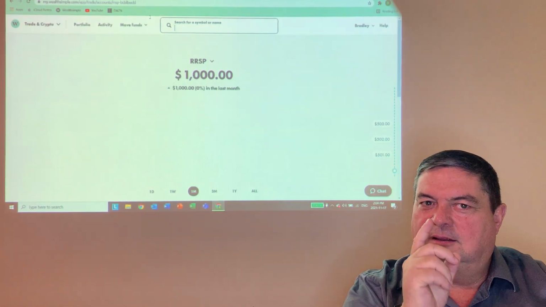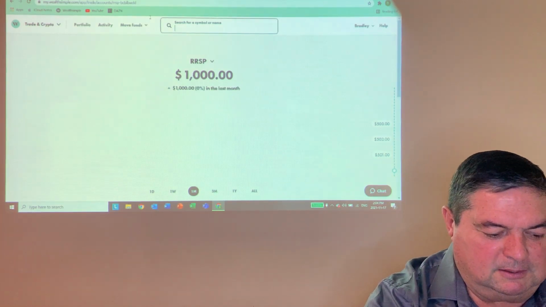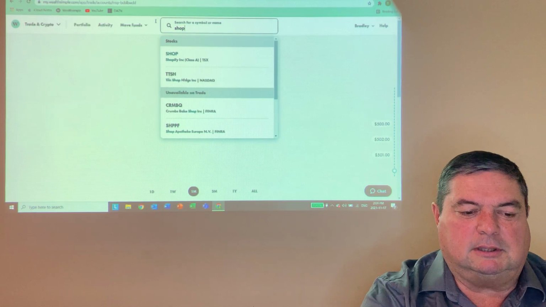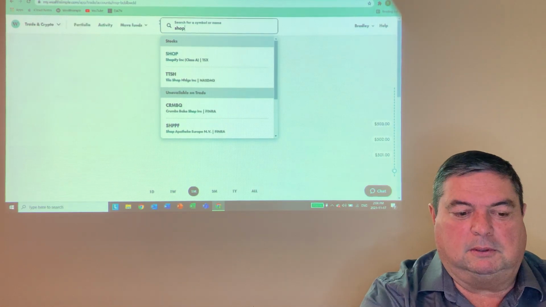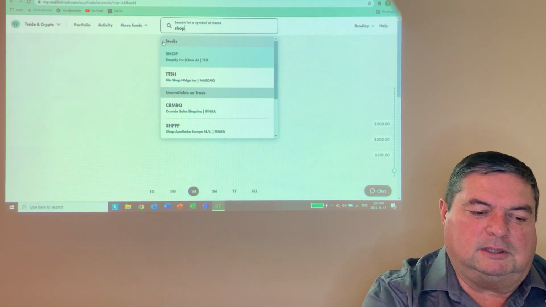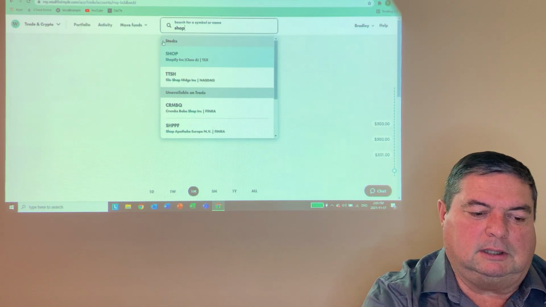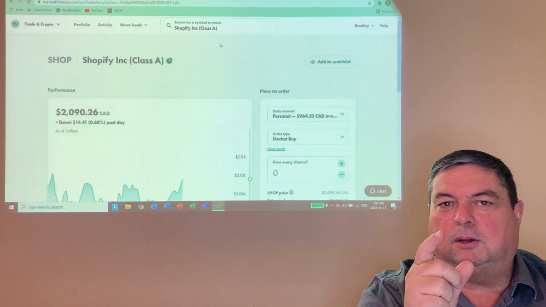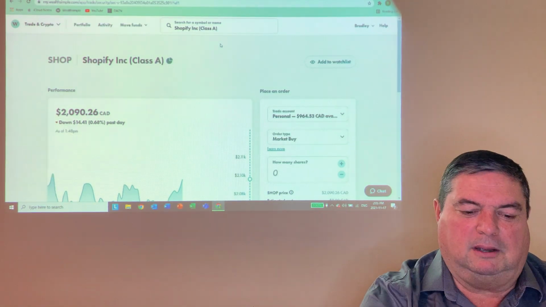Shopping time. Is there a good company we know that talks about shopping? All you have to do is type in here the stock ticker, or I happen to know it's Shopify, right? The reason I want to show you this stock today is because not only can I buy 2 stocks, but this is the word that was so important, fractional stock buying, right?